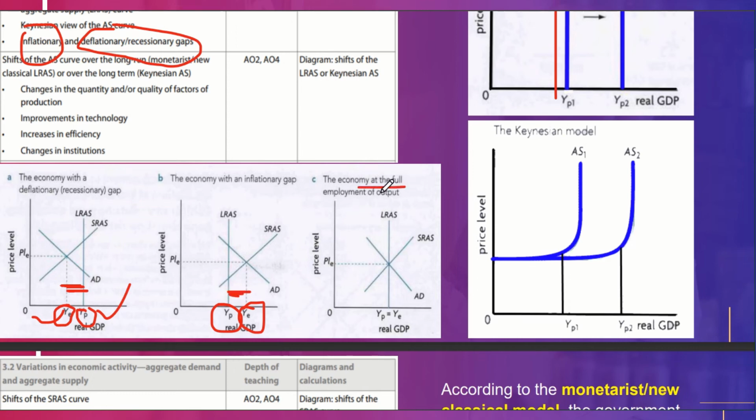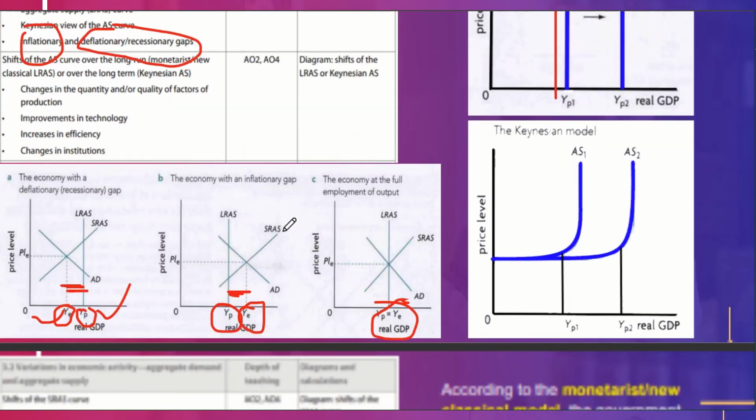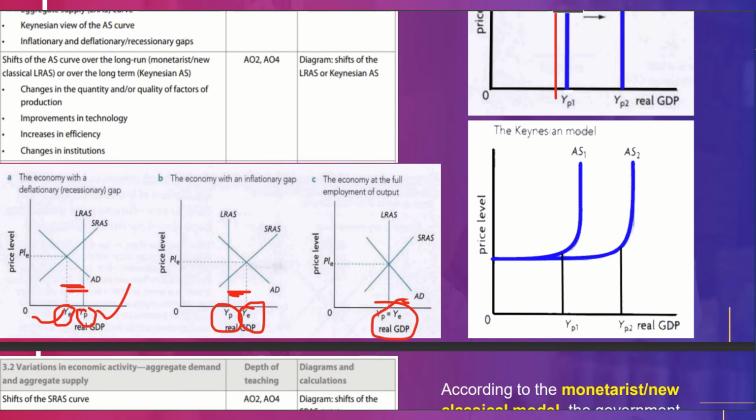So the economy is at a full employment level when actual GDP and potential GDP both are the same.